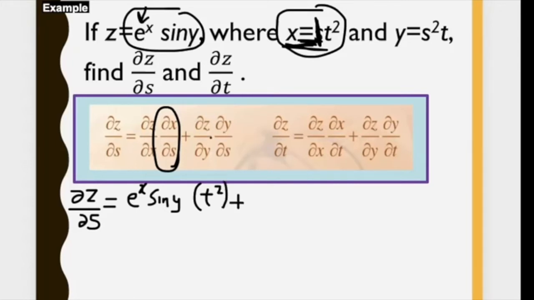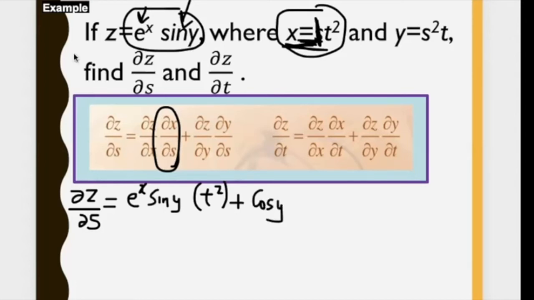Plus finding the partial derivative of z with respect to y. So now I'm going to go back to this, but differentiate sine y. Differentiating sine y, I will get cos y. So I go ahead and write my cos y.